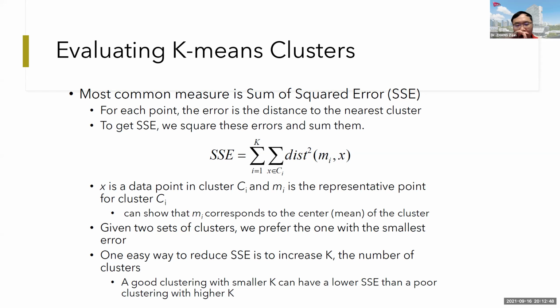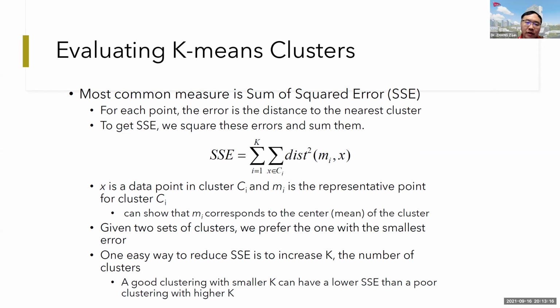Okay, so we have talked about some technical details in implementing the k-means algorithm. Next, we need to talk about how we are going to evaluate the k-means clustering performance. That means how you are going to evaluate the clusters generated by k-means. Are they good results or not good results?